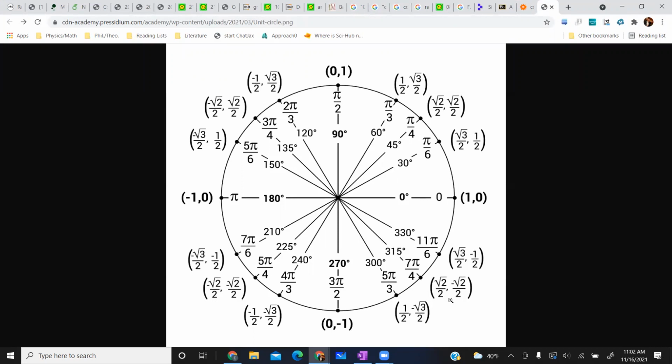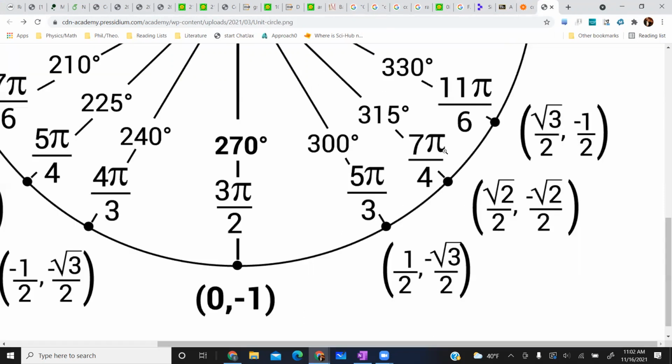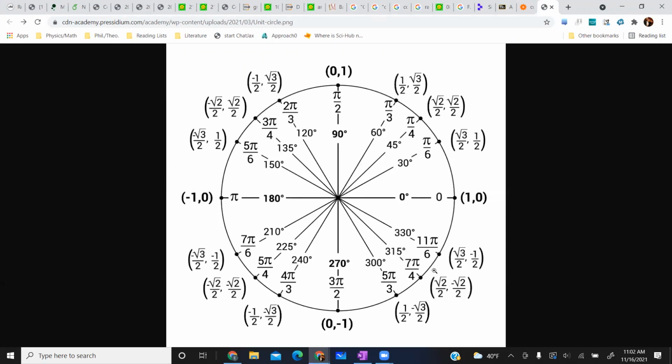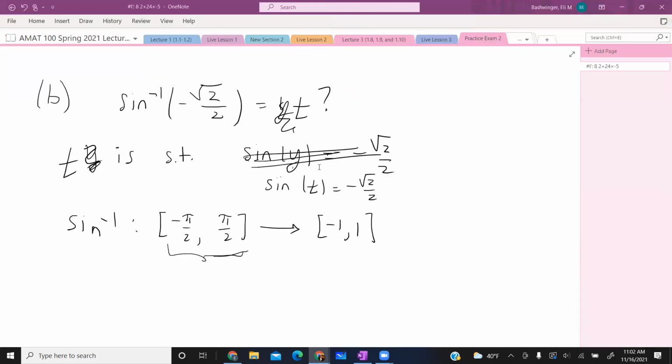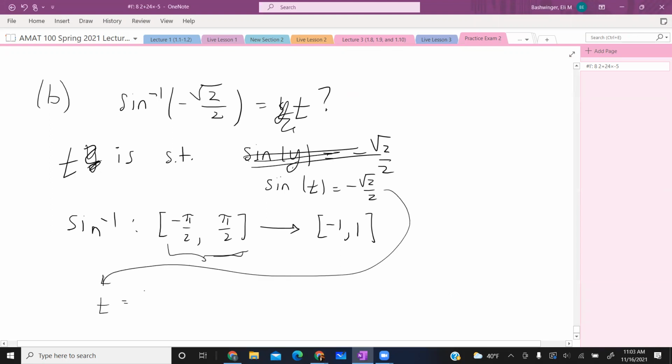So we need -√2 over 2. Well, you can see it's this one right here, 7 pi over 4. So t is going to be 7 pi over 4 because the y coordinate corresponding to it is -√2 over 2.